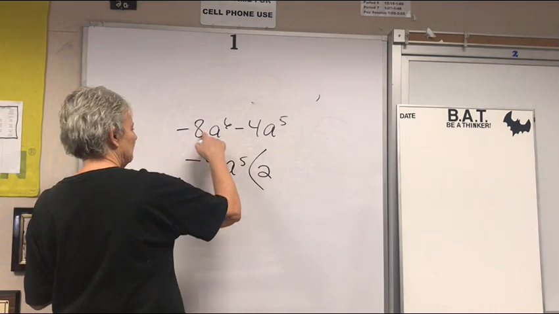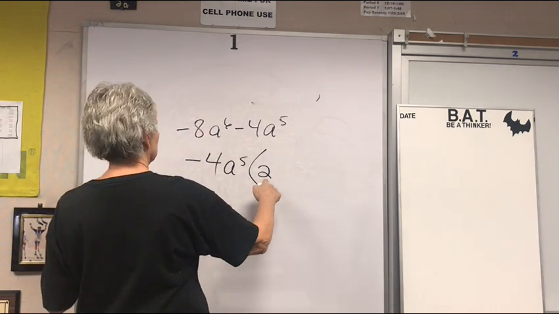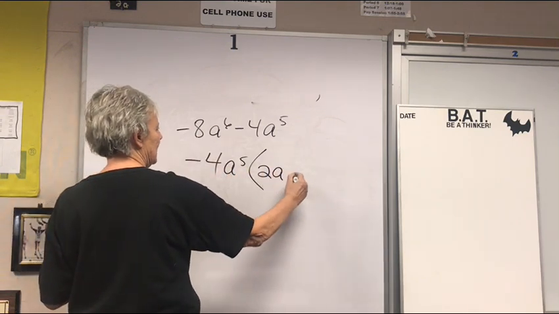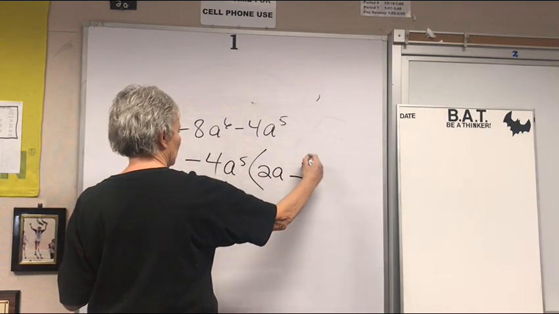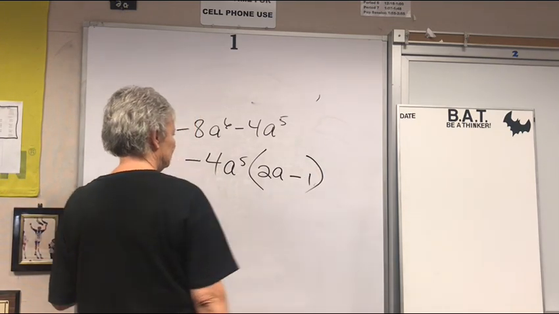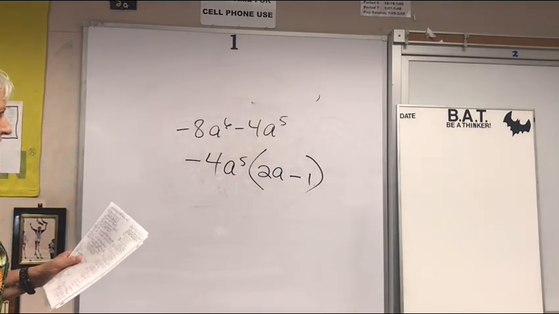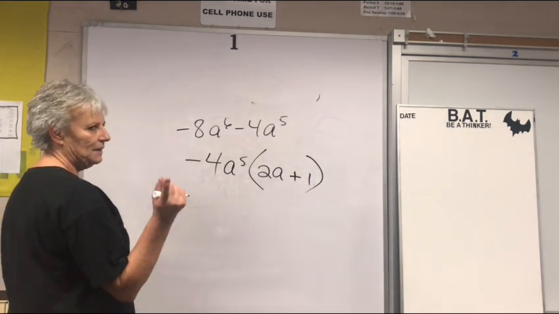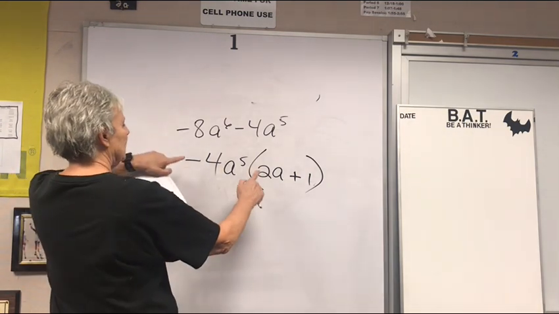Negative 4 times 2 is negative 8. a to the 5th times a minus, that's not right, 1. Oh, plus 1.